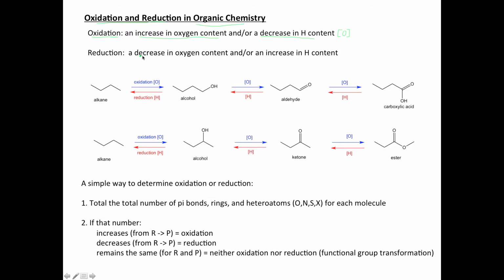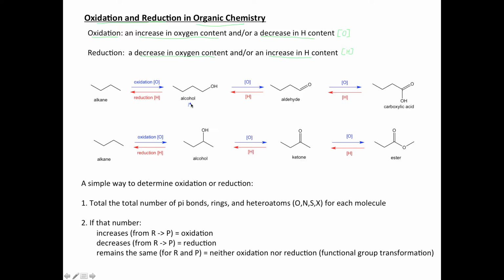Reduction reactions are when we have a decrease in oxygen content and/or an increase in hydrogen content, and those can be abbreviated with a bracket with an H in the middle, and that stands for reduction. Okay, so I have a couple of examples here. In this first graph, primarily we're going to be looking at the alcohols out to aldehyde and carboxylic acid.